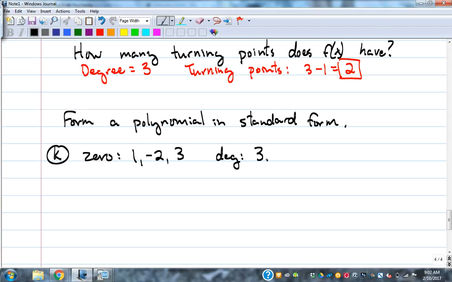Does it make sense that it should have a degree of 3? I got how many zeros? 3. Degree of 3. Now, so how do we build that polynomial? If the zero was a 1, what was the factor that got us that?